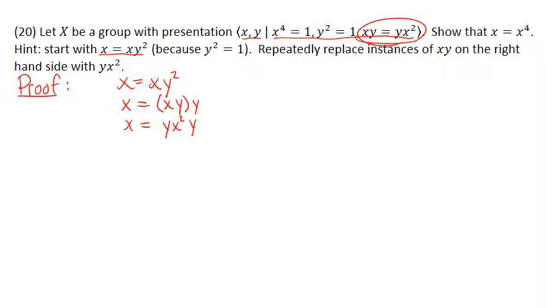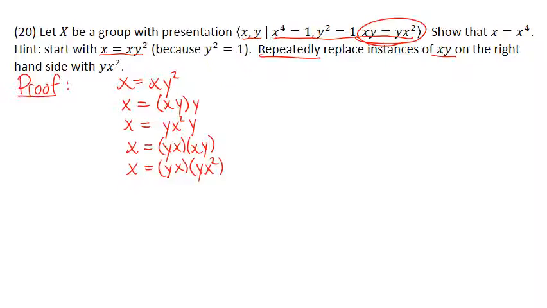Then it says to repeatedly do this, so I need to find another place where xy appears on the right hand side. So let's see, where else does it appear? This can be written as yx times xy, and I can replace the xy part again with yx squared.